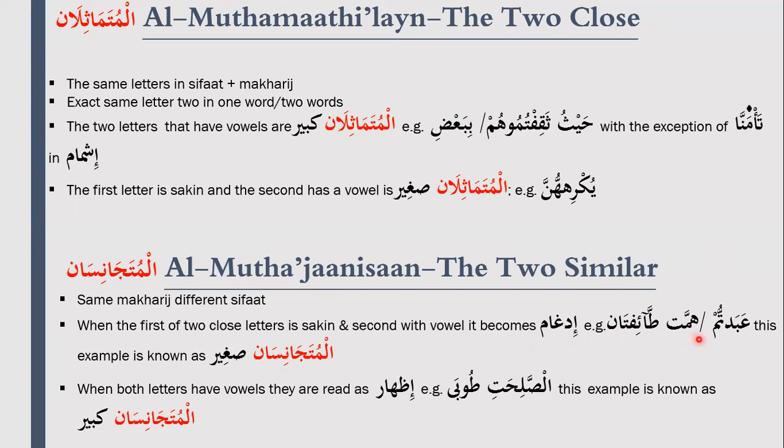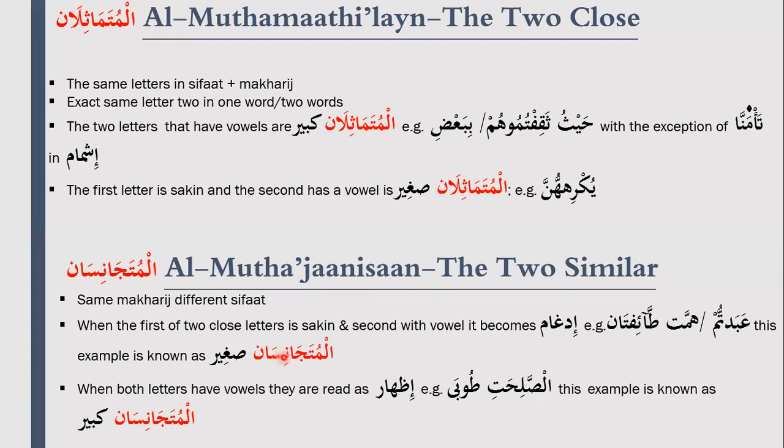For example, between 2 words, hammato. We omit the ta and merge the meem with the ta. Merging is what is referred to as idgham. Idgham means to merge 2 letters together. Once you apply the merging, it becomes mutajanisan saghir, the small similarity.